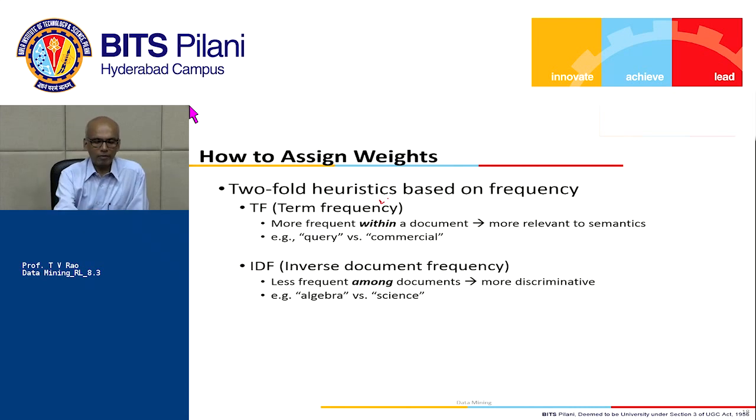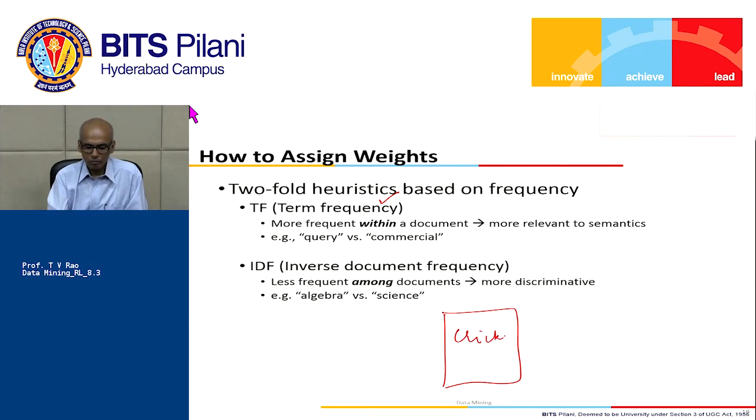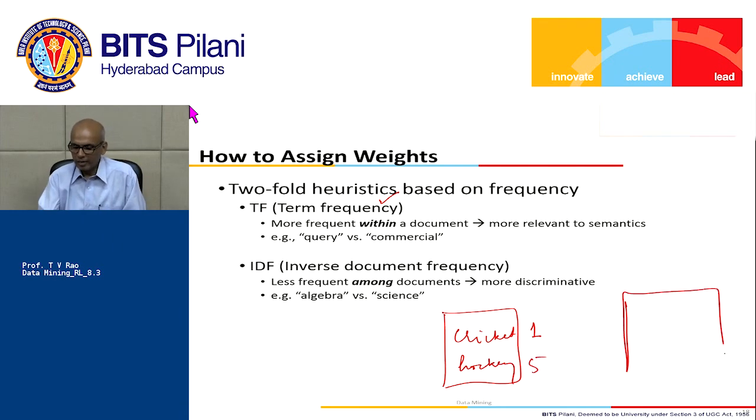One can be the term frequency. As we have seen, if there are two documents, one document has, let's say, cricket coming in once and hockey coming in 5 times, and another document where cricket is coming 20 times.